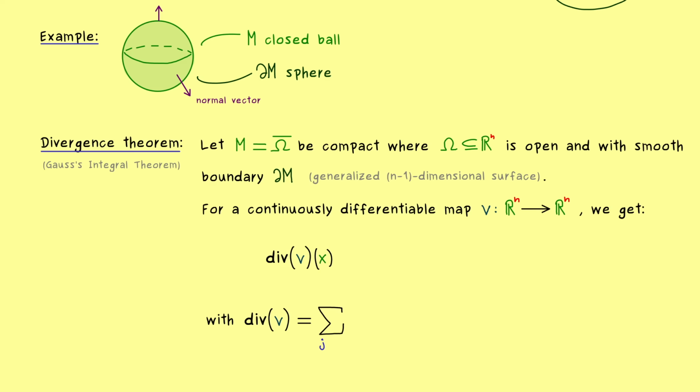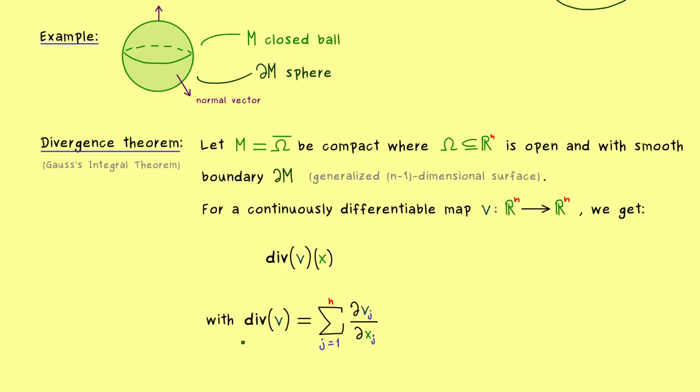More precisely, we have the sum that goes from 1 to our dimension n, and then we take the jth component of V, which is a scalar function, and then we take the partial derivative of it with respect to xj. So that's it. We take the components and the partial derivatives and add them up.